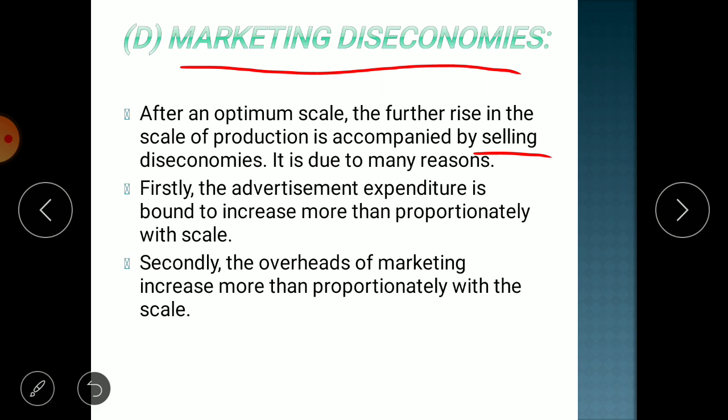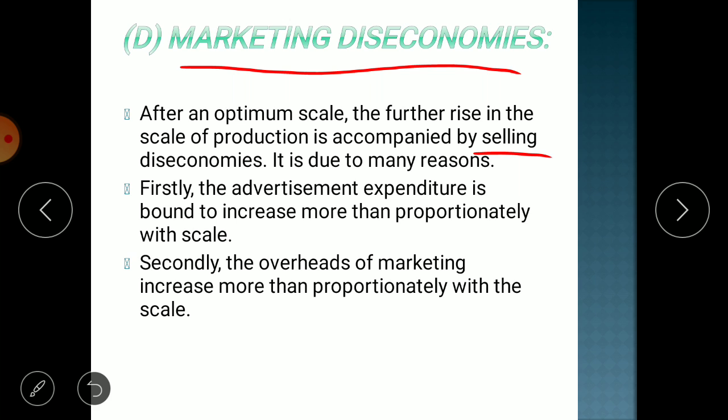Take an example that you have increased your production, and if you have increased the production, you have to sell more. So earlier, if we take an example that we were covering the state market, and then we started covering the national market. But if you still increase your production, then where to go?